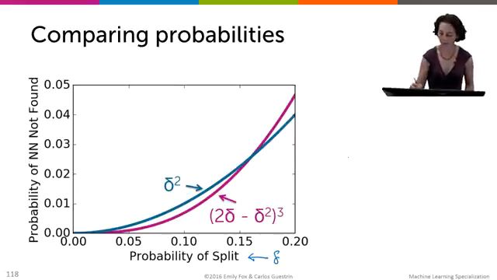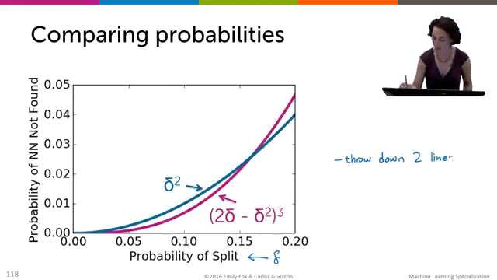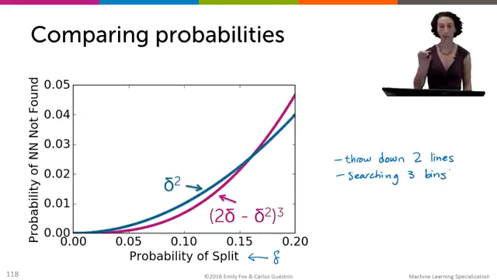So again, let me just be clear that this is under the scenario of throwing down 2 lines and searching 3 bins, just to make sure the setup is clear.